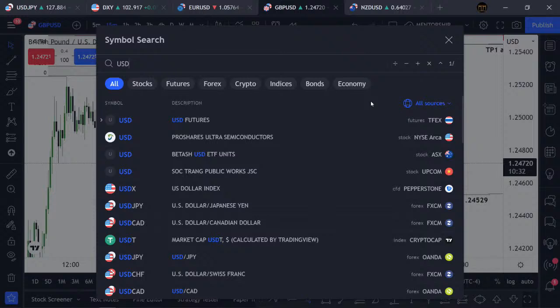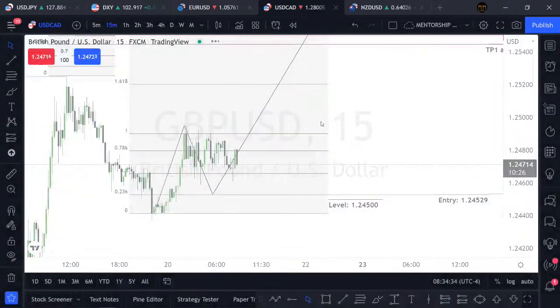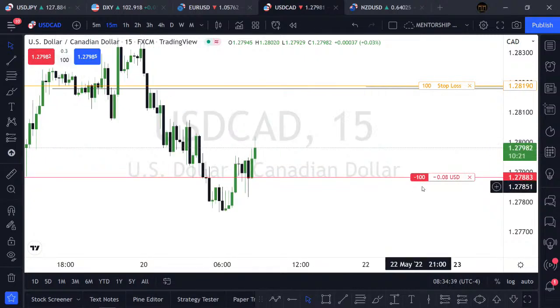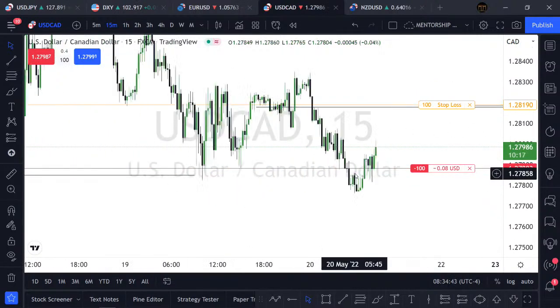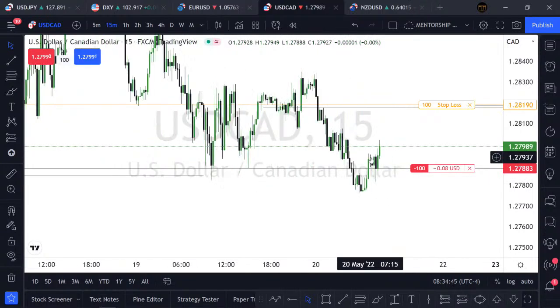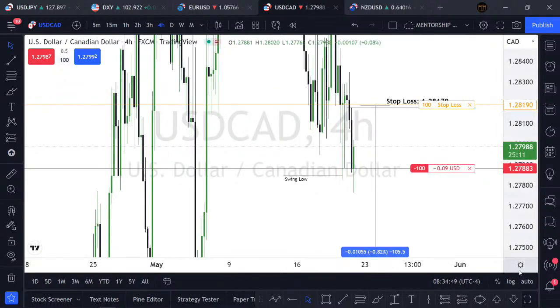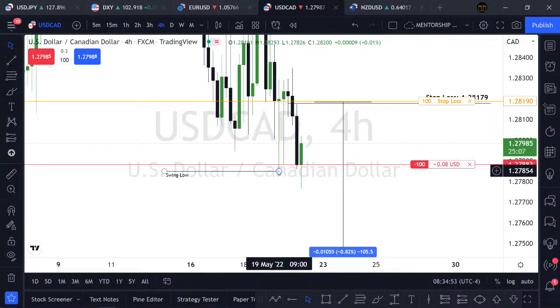Let's go ahead and look at the USD CAD. Okay, I sold here. You see it is going against me. Now why did I sell here? Well, I used a 4-hour analysis to mark the swing low. The swing low was taken, so that's why I sold here.